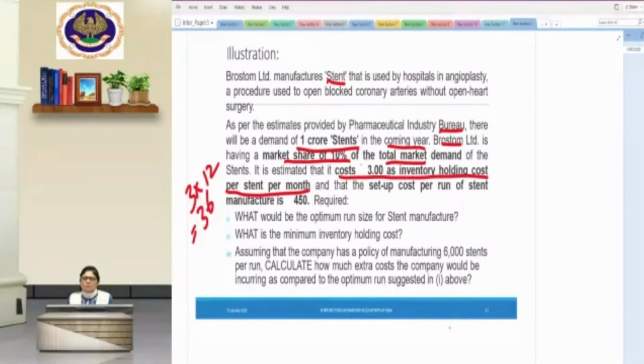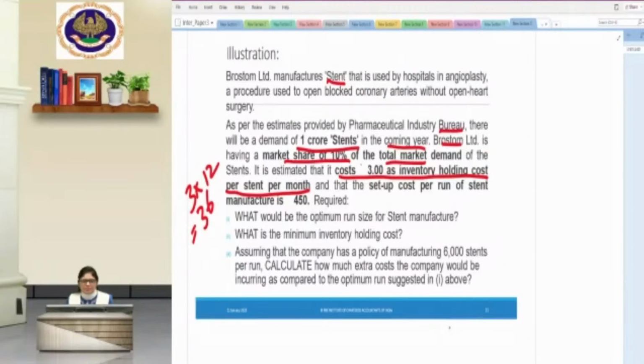You need to be very careful what you require and what is the information given in the question. Just don't take it as 3. You have to take it as per annum. I'm repeating again and again, this is the mistake which students make in exams. You have to calculate 3 as per unit per annum.